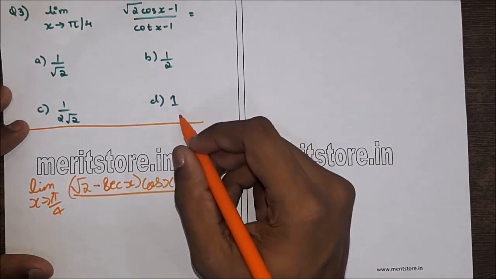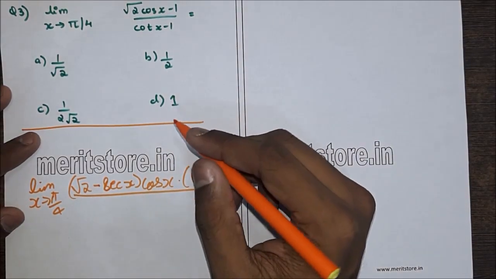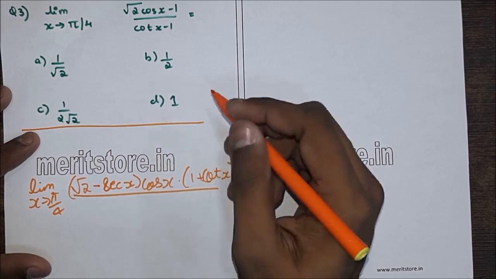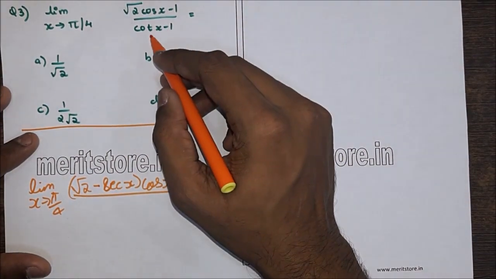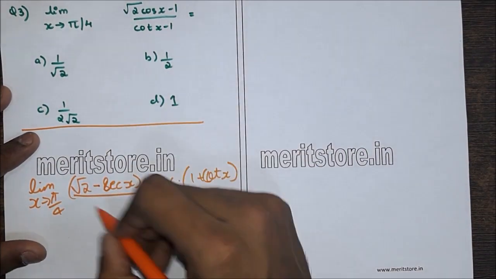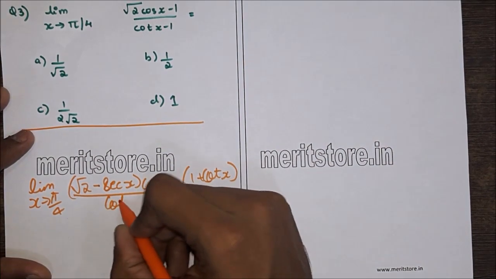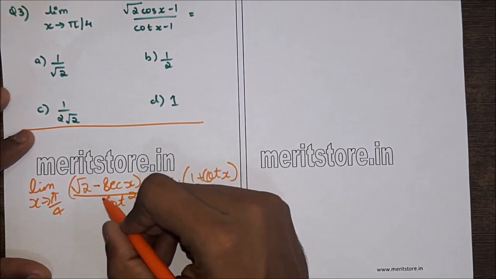Now we have the numerator in terms of sec and cos. So we'll have to do the same with the denominator. So cot x minus 1 would become cot square x minus 1.